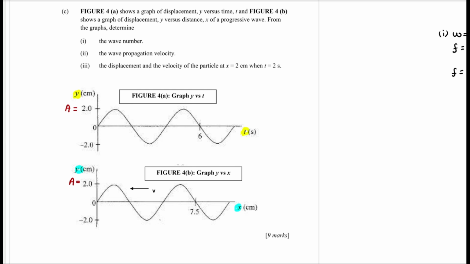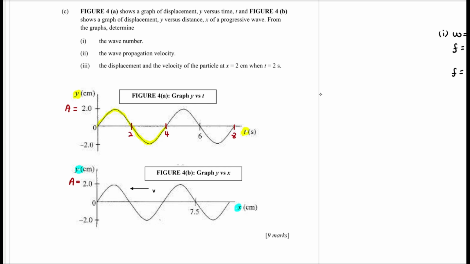Okay, for example here, this is half oscillation, and this is one complete oscillation. So for one complete oscillation, we can determine the period of the oscillation from Y against T graph. Okay, so kalau kat situ dia bagi 6, so sini mesti 4 lah. So sini mesti 2 dan 8.